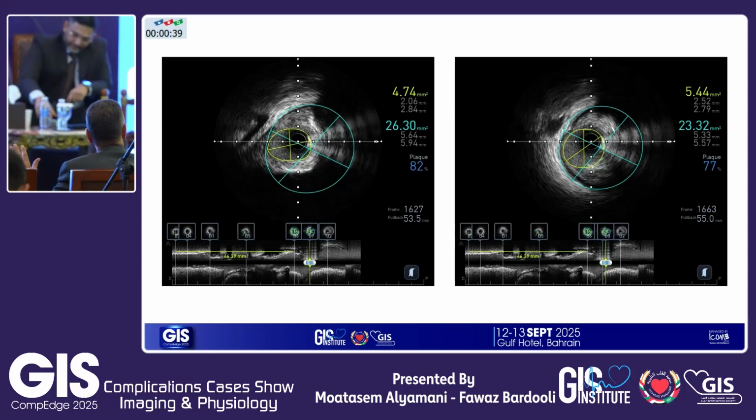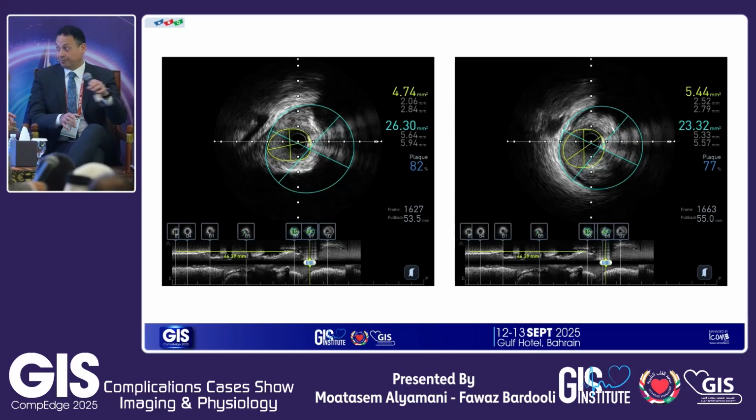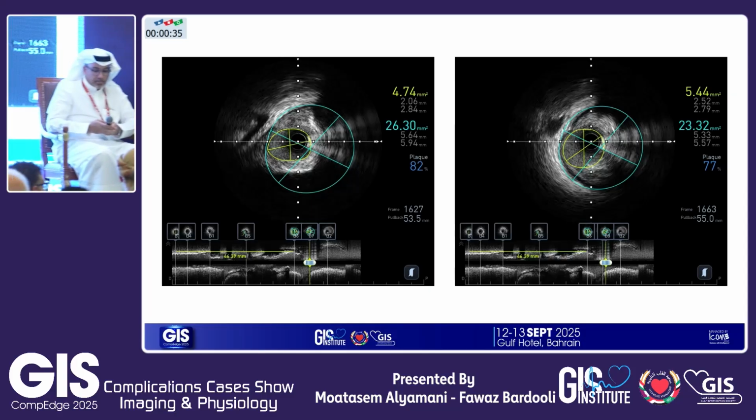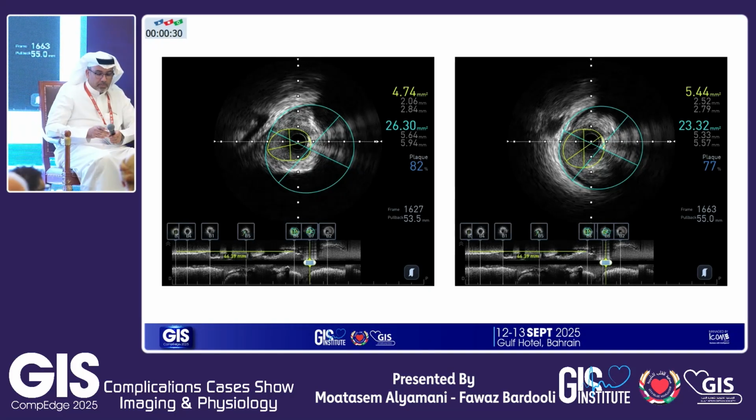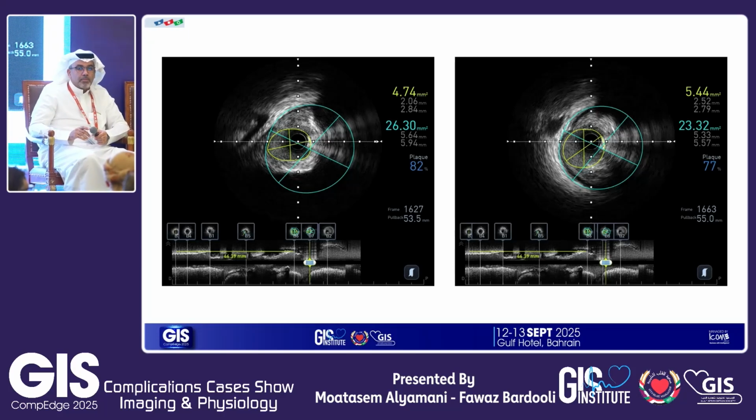And they have a problem with the European guidelines, that they're putting intermediate lesions from 40% to 90%. If you look at the American guidelines, they put it from 50 to 70%. So where's the truth? I really have a problem with the way we do things.